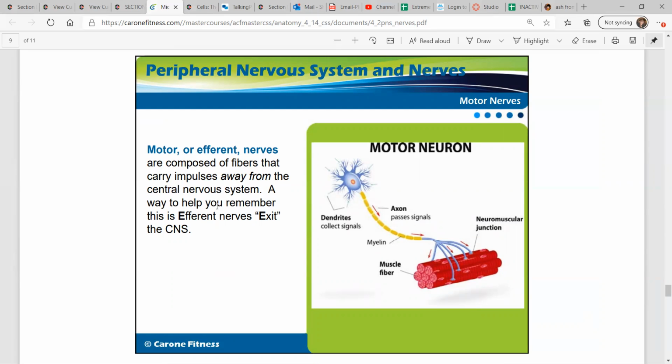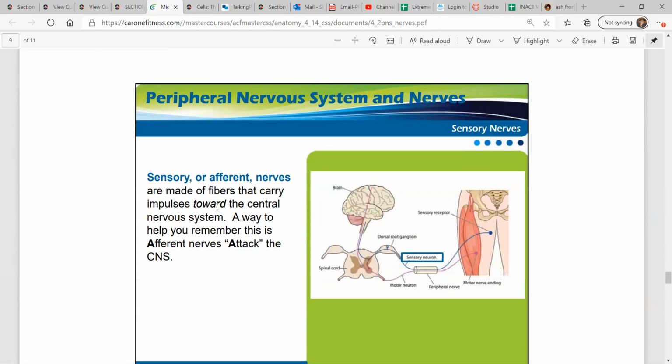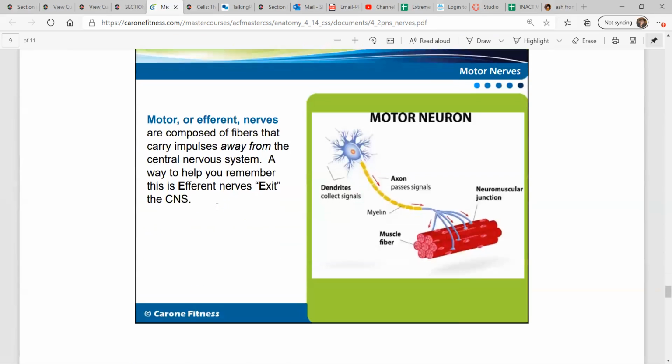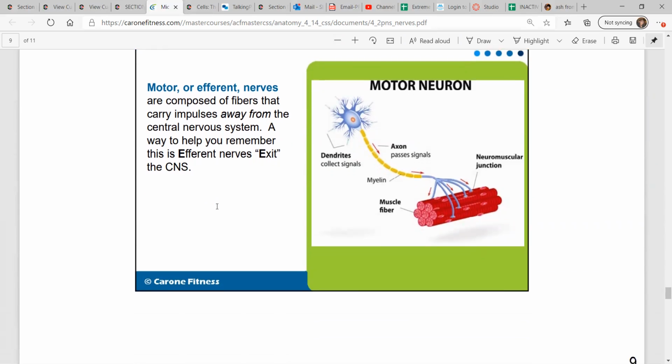So a way to remember this one, motor, or E as in efferent nerves, is E as in exit. Sensory nerves pick up information and send it towards the CNS. Motor nerves send things exiting the CNS to make you perform motor functions.